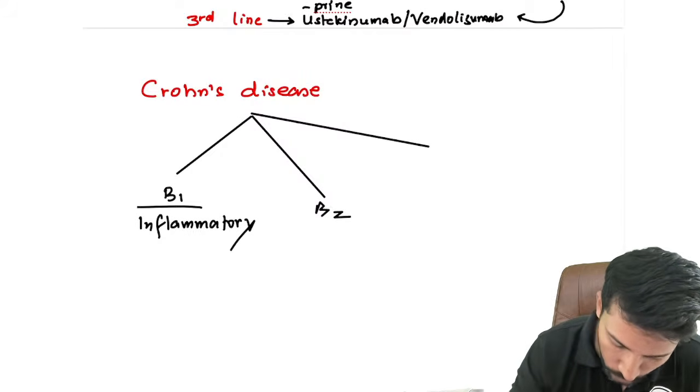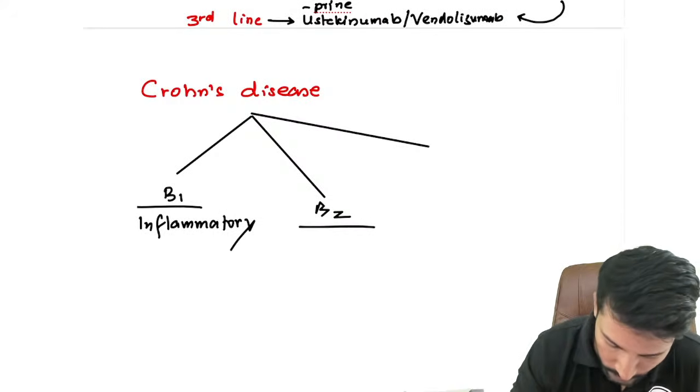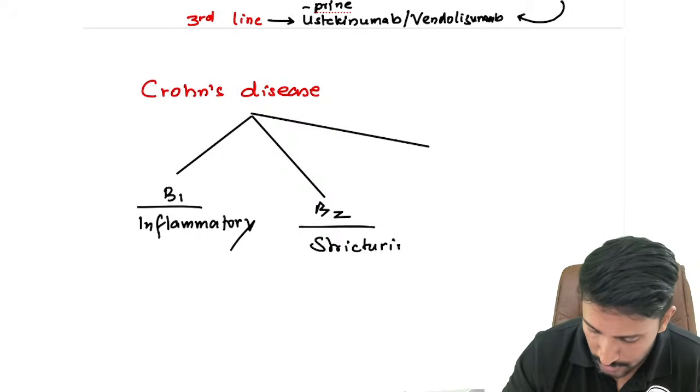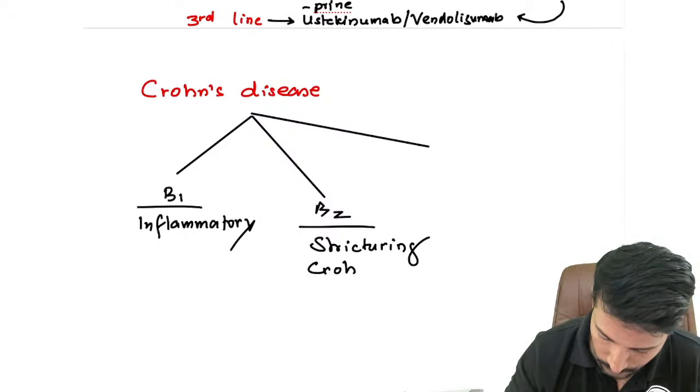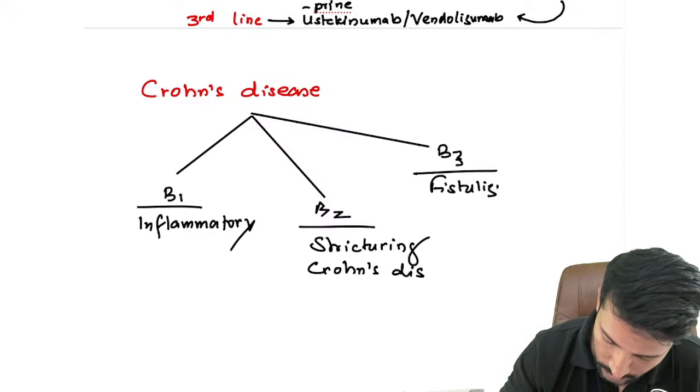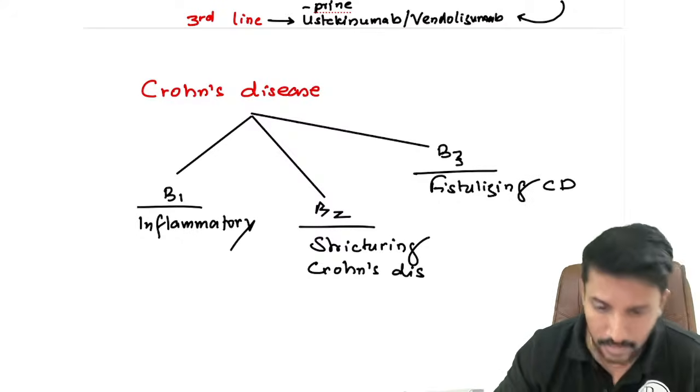Second is B2, where we have stricturing Crohn's disease, where stricture formation is happening. And third, we will have B3, where we have fistulizing Crohn's disease.